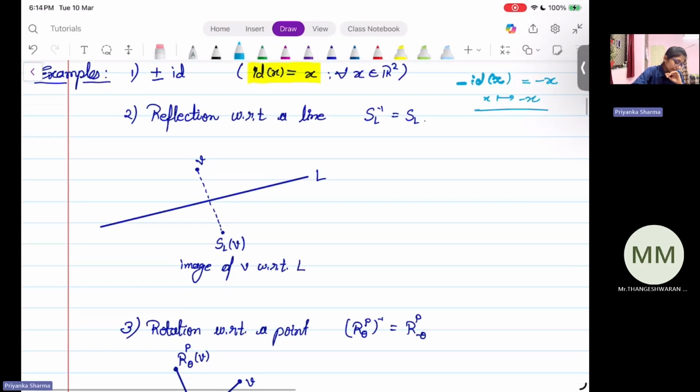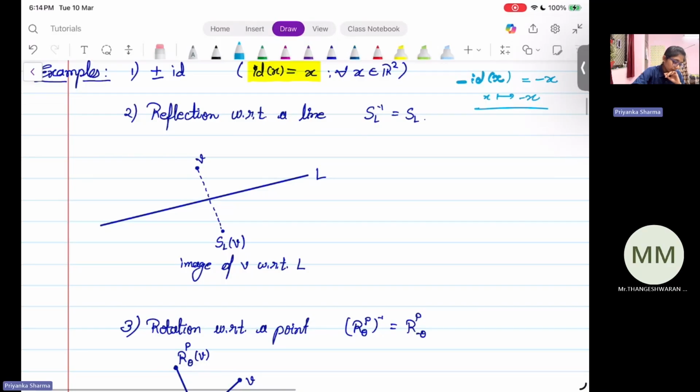Okay. The second category is reflection with respect to a line, which is denoted by SL. So suppose we have this line L in R square, and a point, say V, in R square. How do we get the reflection or the image of this point with respect to this line?